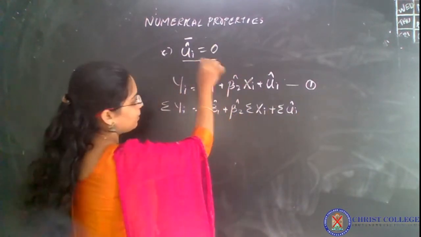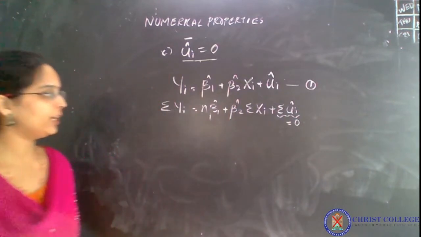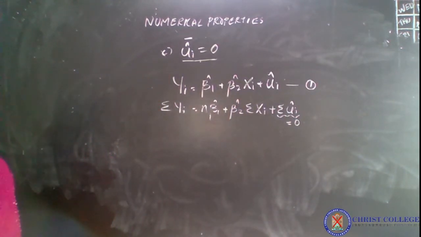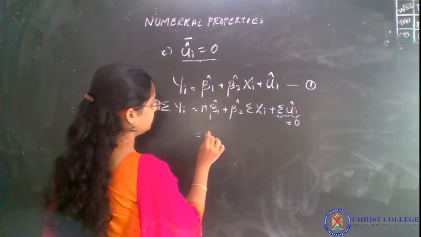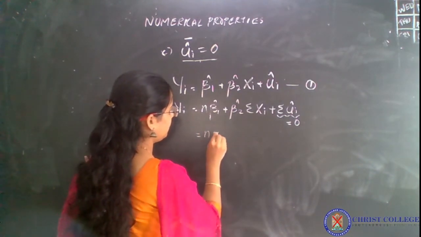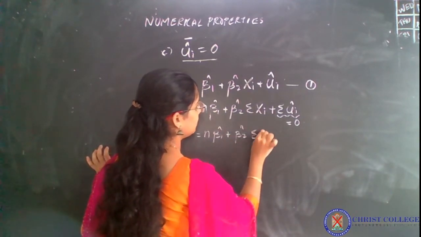Now, this property says that sigma ui hat will be equal to 0. Therefore, the equation will become n beta 1 hat plus beta 2 hat sigma xi.